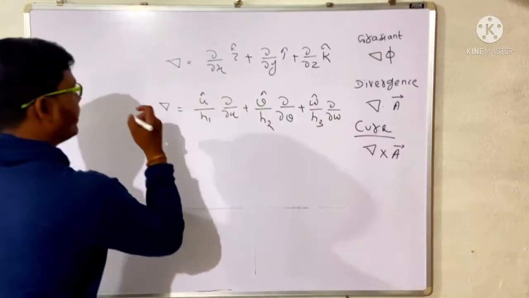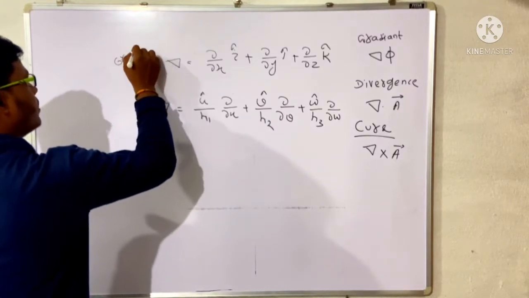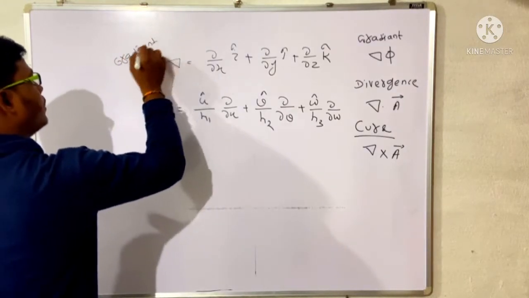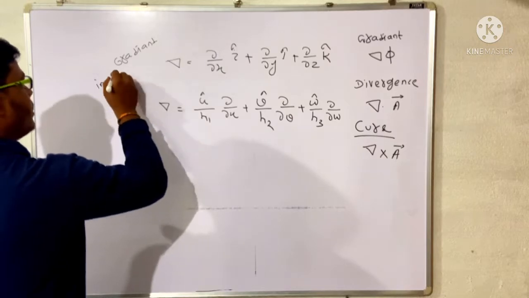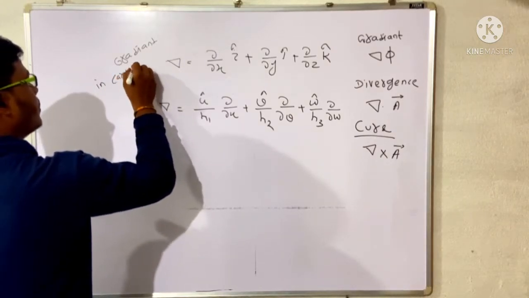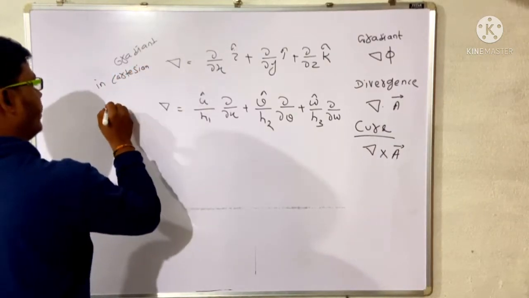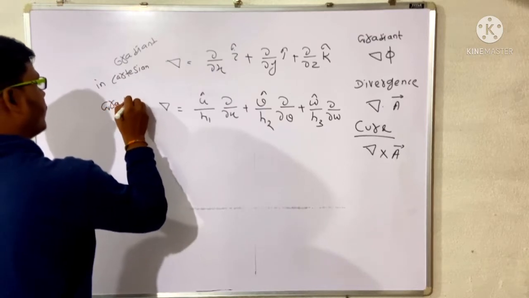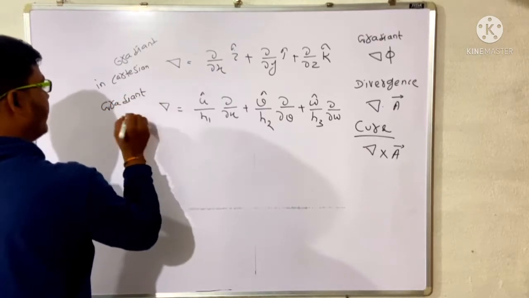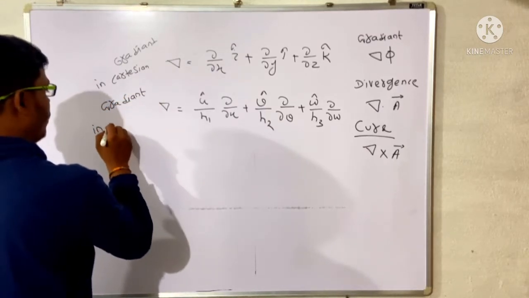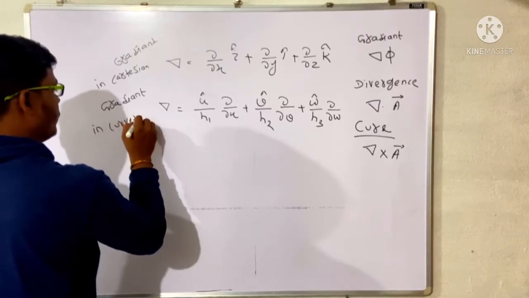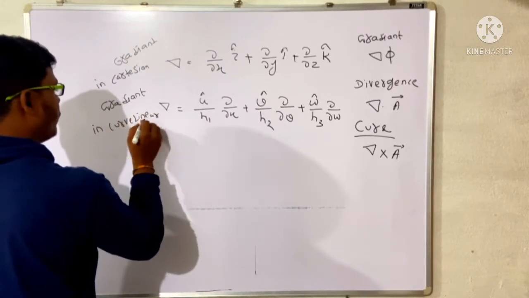So this is the gradient in Cartesian, and this is the gradient in curvilinear or polar coordinates.